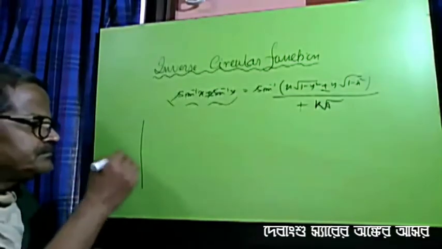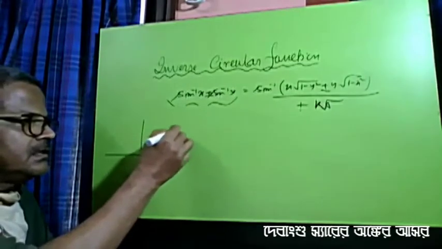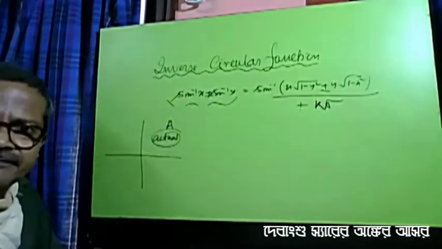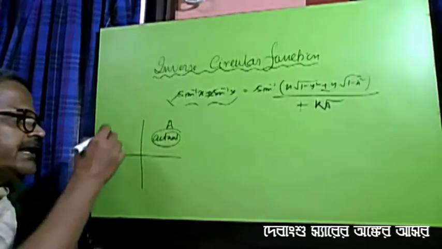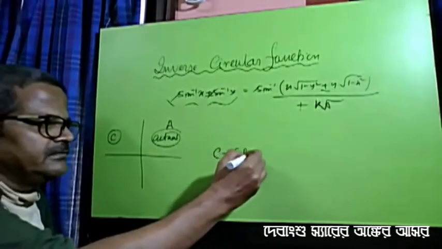Now see, if the actual value is there and the calculated value is there, C represents the calculated value.